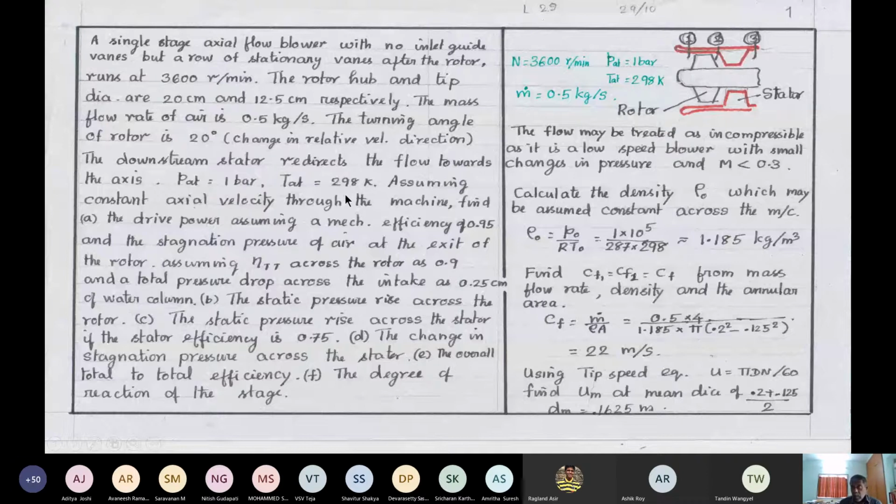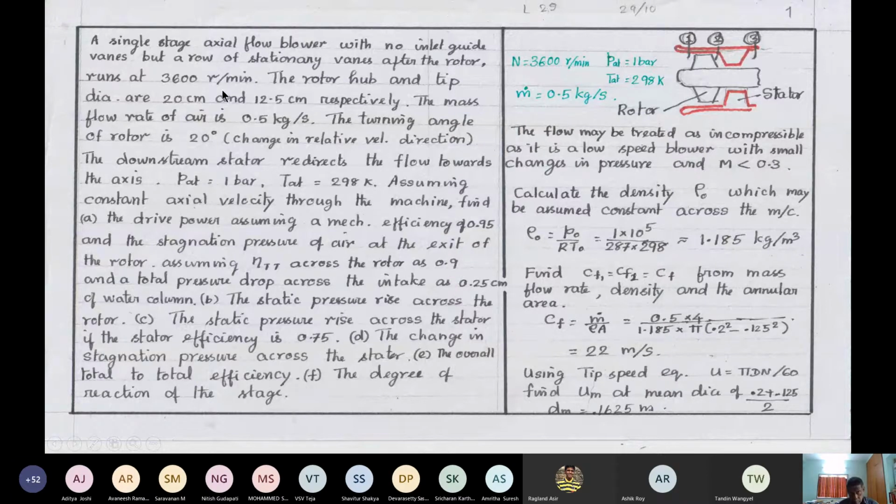So here we may assume that the flow is incompressible as it is a low speed blower with small changes in pressure and Mach number less than 0.3. You would have seen that some of these turbo machines run at pretty high speeds like 20,000 RPM, 18,000 RPM.